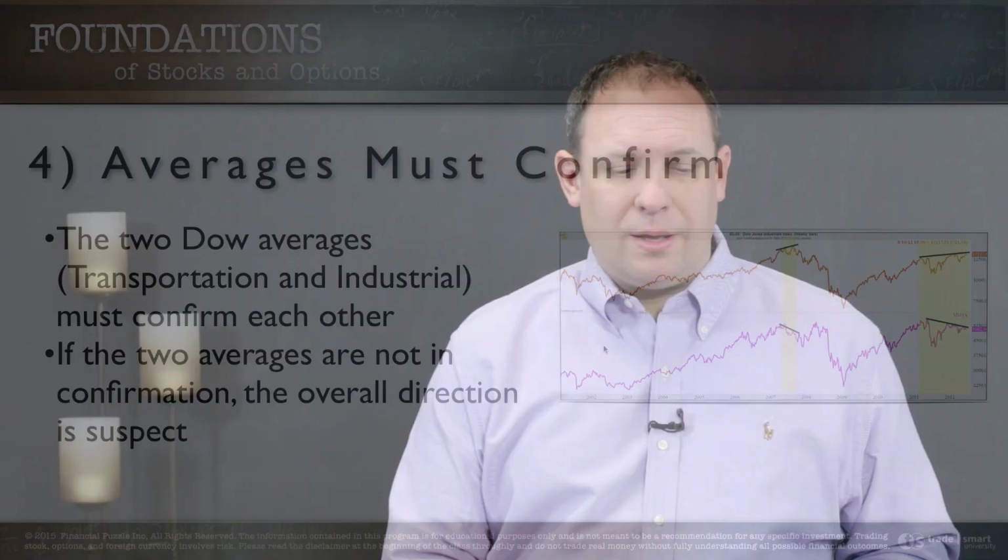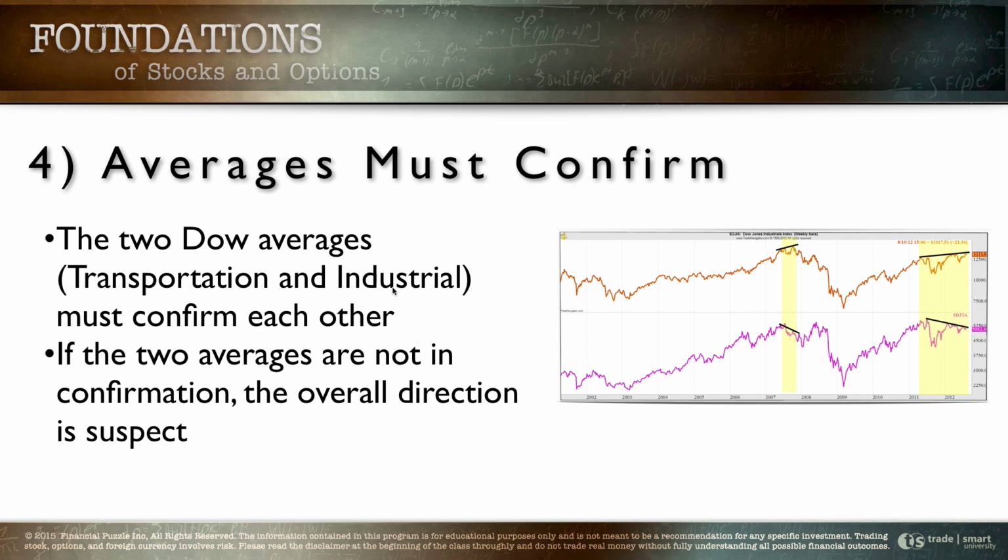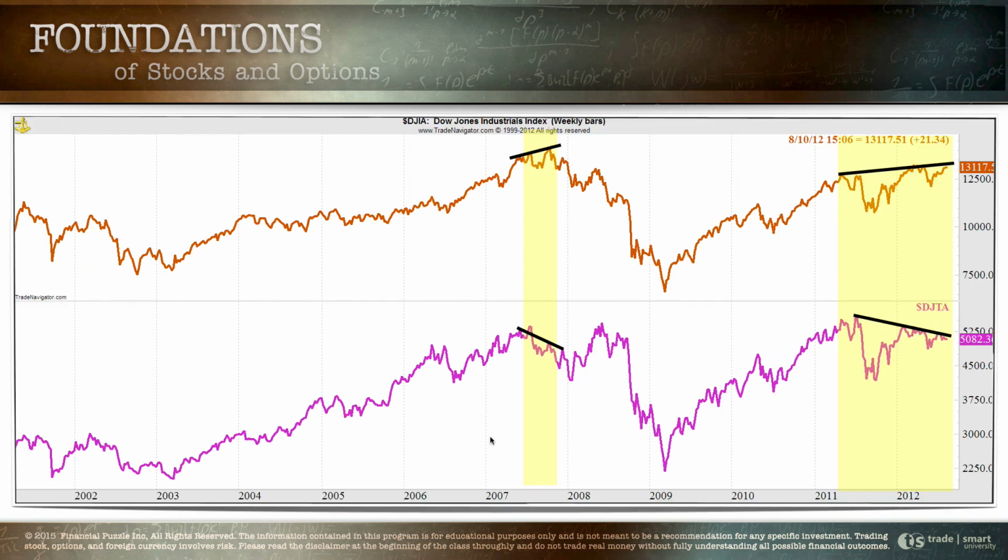And so if we were to look at the slides here, the two Dow Jones averages must agree. The transports and the industrials must confirm each other. If they're not in confirmation, then the overall direction is going to be suspect. Let's take a look here if I zoom in on this image. You're going to notice back in 2007, I've got it highlighted in yellow, but I'm going to draw your attention to it. Notice in 2007, across the top, the industrials kept making a higher high, and the transports were making a lower high.